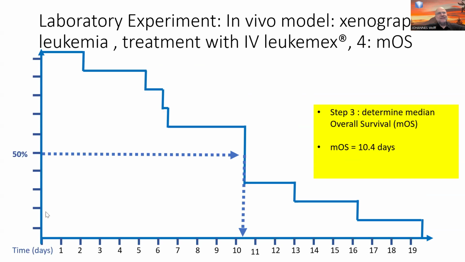The way to do this is you go to the y-axis, go to 50%, you go over to the right to the curve. Where it hits the curve, you go down, and then you read the median overall survival on the x-axis. In this case, it's 10.5 days. So the median overall survival is a time.